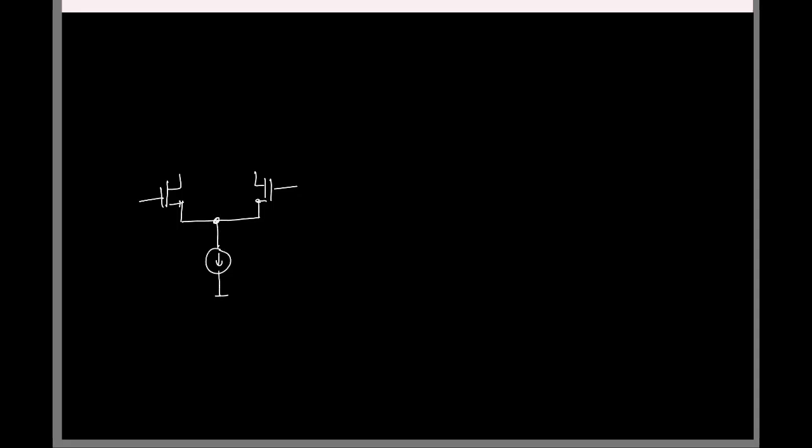So let's say this is some I naught, and for simplicity I'll start with a resistive load like this. So I'll give my two inputs here, and the output is taken like this, right?